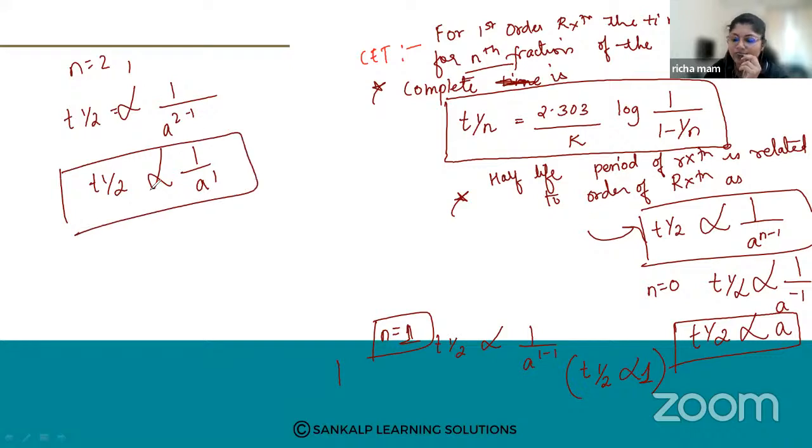So the half-life period for a second order reaction is what? It is inversely proportional to its initial concentration. It is not directly proportional, it is inversely proportional. Got it?